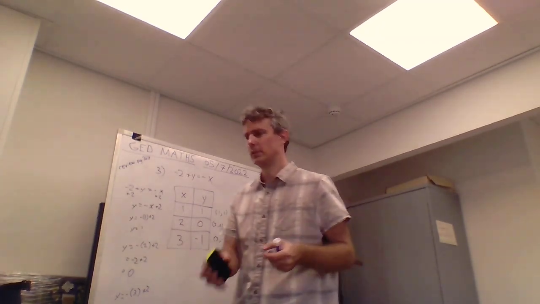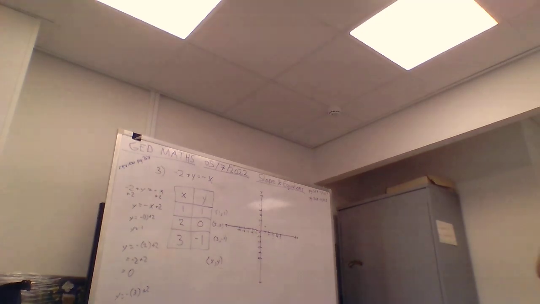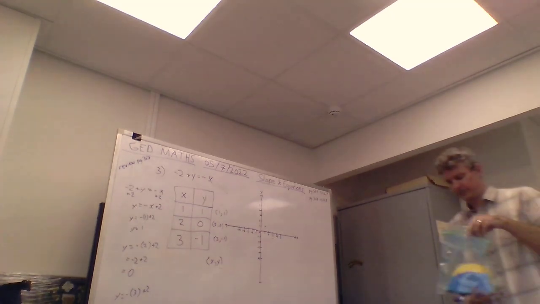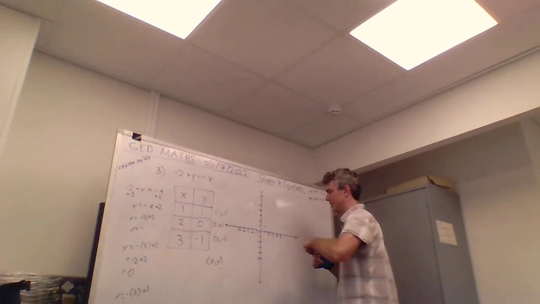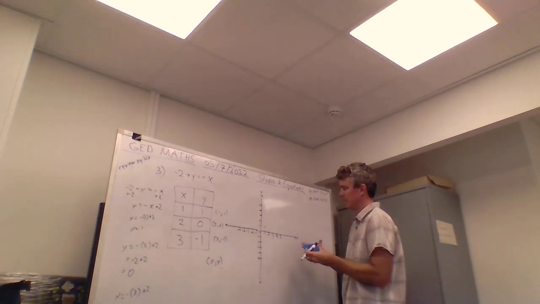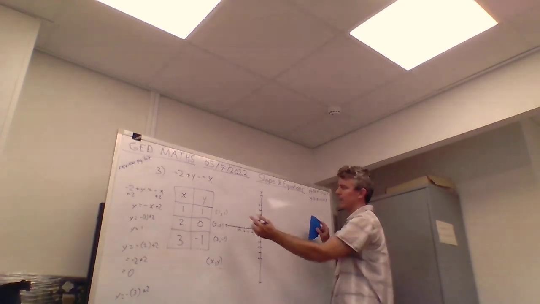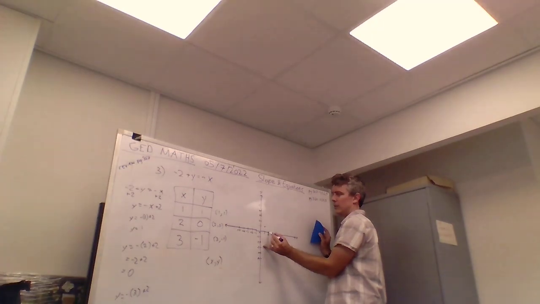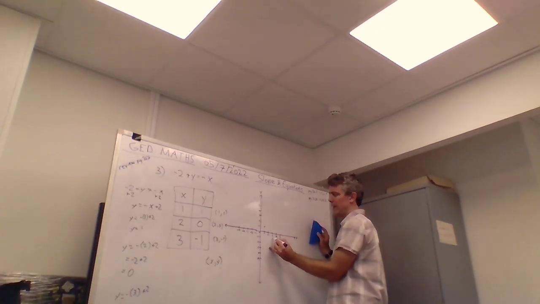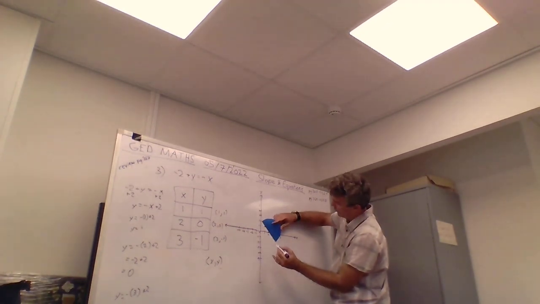Maybe I will need a ruler. Right? And so then, because I've plotted these points, 1, 1, 2, 0, 3, minus 1, I can draw a line through them.